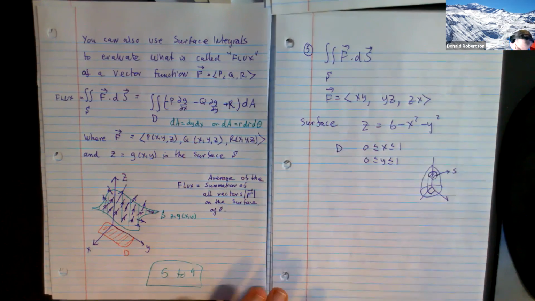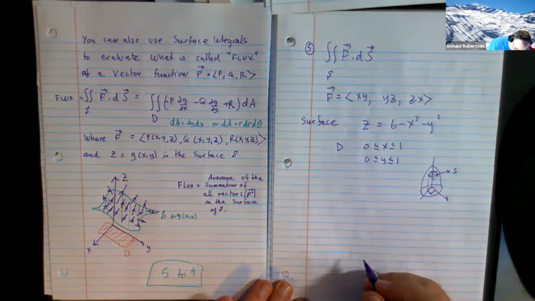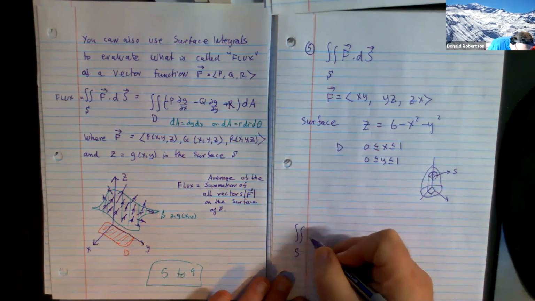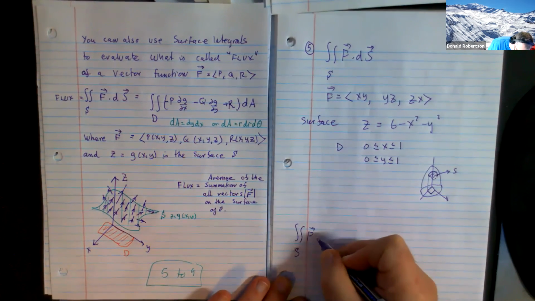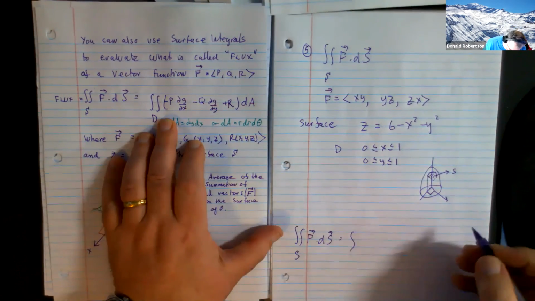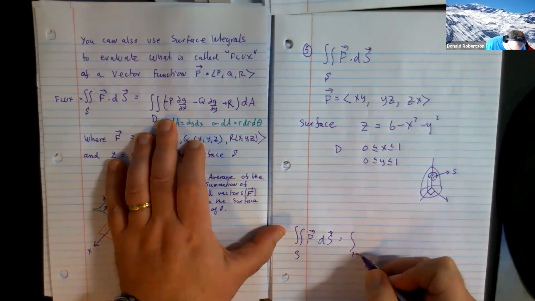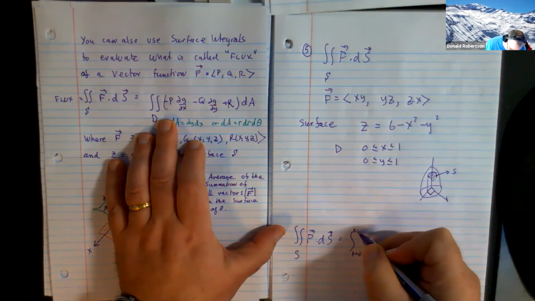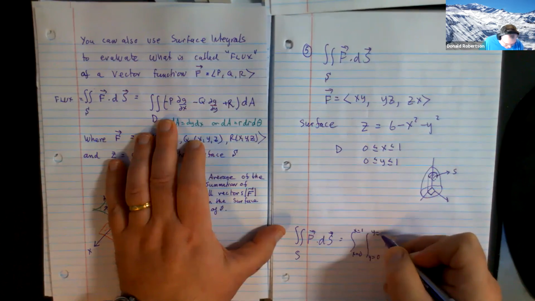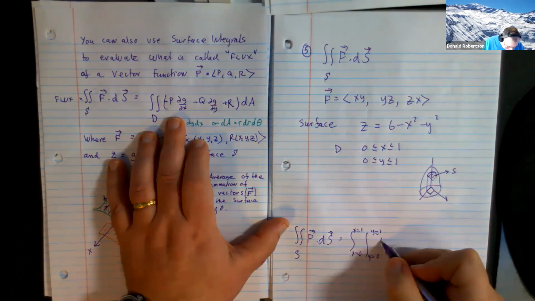Not an artist. So I should be able to put this package together. So this fella is D, which is from x equals 0 to x equals 1, from y equals 0 to y equals 1, that's D taken care of.